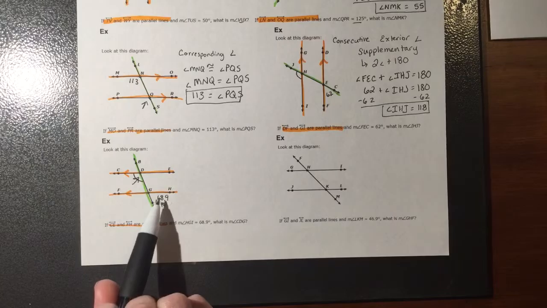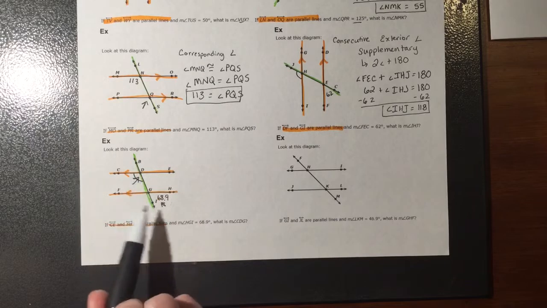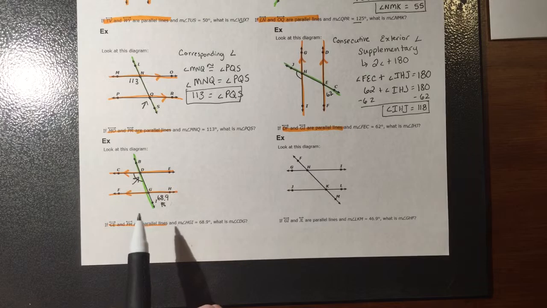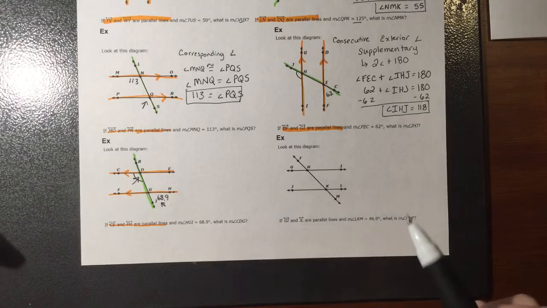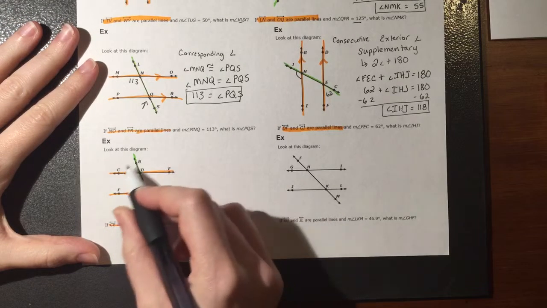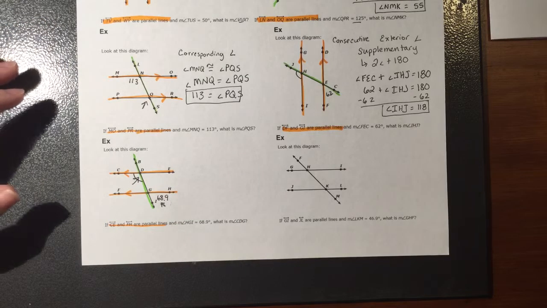Now it is on the same side of the line. It's below the parallel lines, but it's not on the same side of the transversal. And this example is an example of a problem where you're going to have to use rules that I've taught you before in order to be able to use the rules in this lesson. So it doesn't follow any of our rules for two parallel lines with a transversal.